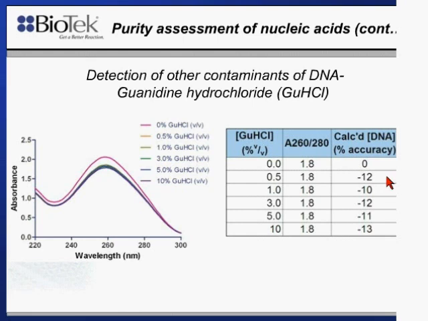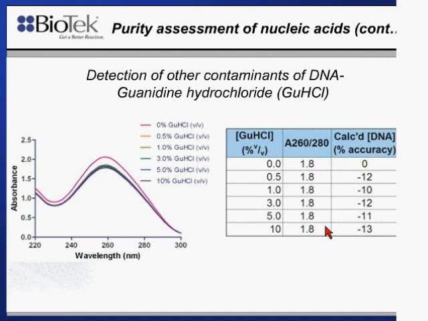And if you take a look at the A260/A280 ratio, you can see that it does not really change all the way up to 10%. So this probably isn't the best method for determination of guanidine hydrochloride. There might be other tools that would be more suited to this type of determination.